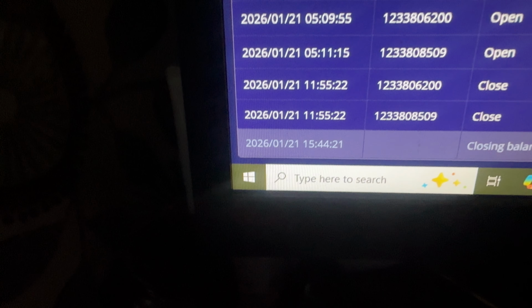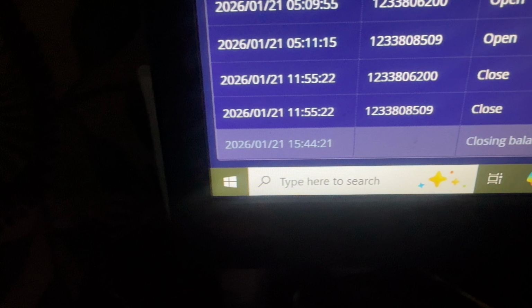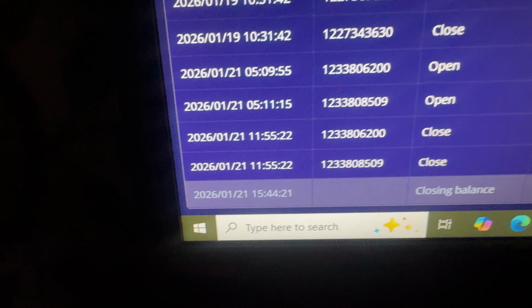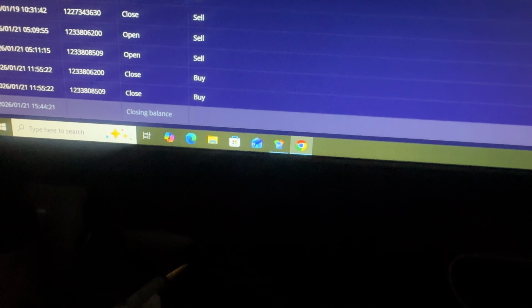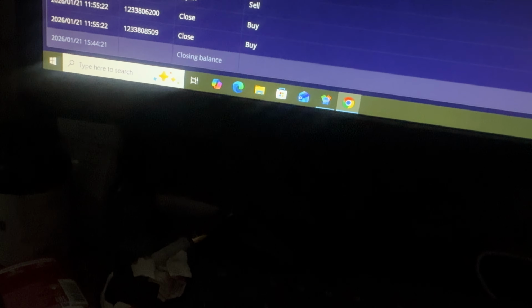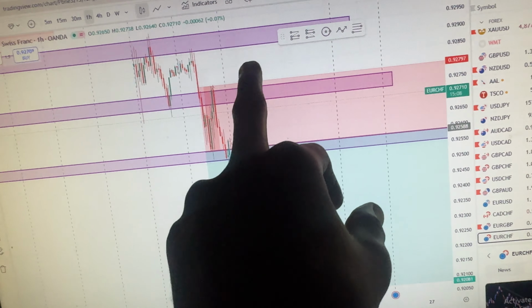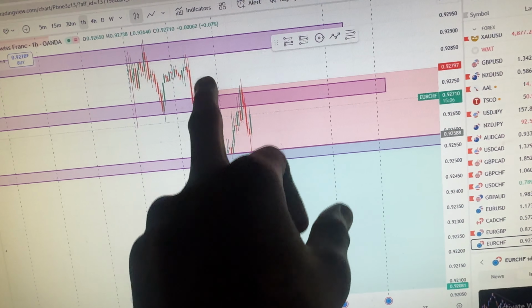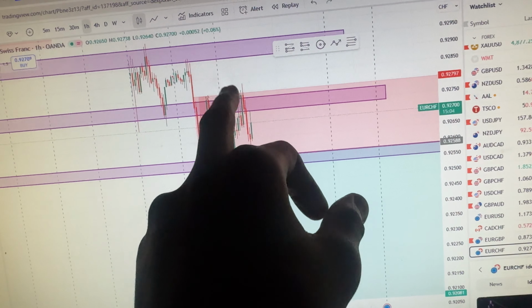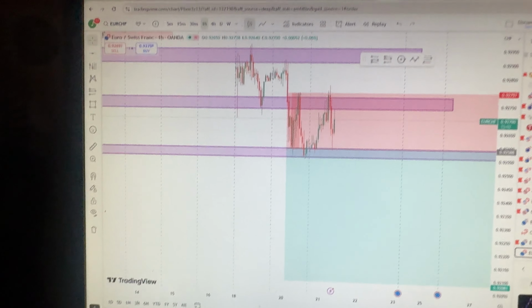As you guys can see, this is the entry, 2026, 01, 21. So yeah, these are accurate, right? So yeah, man, it stopped me out right there. So my stop loss should have been a little bit above it.